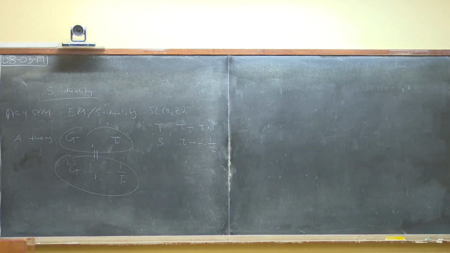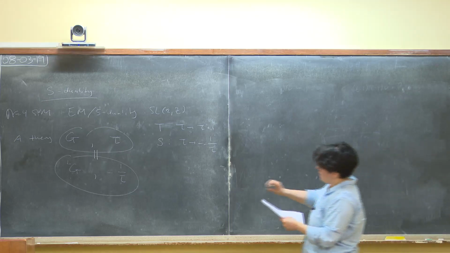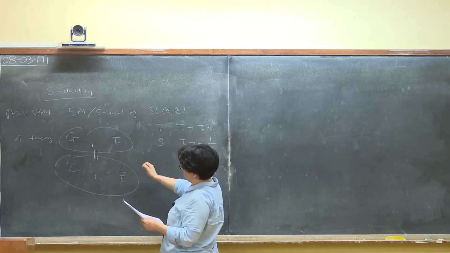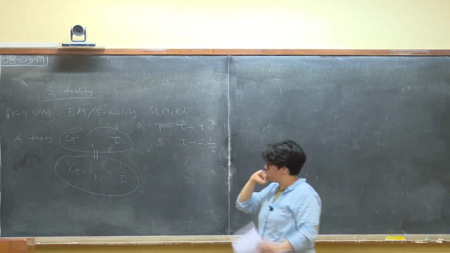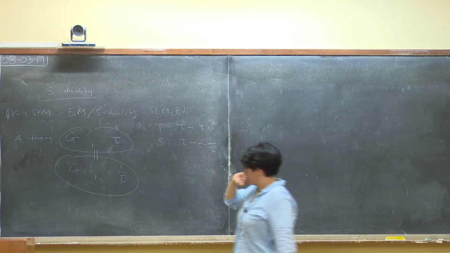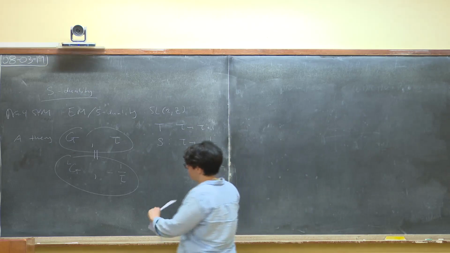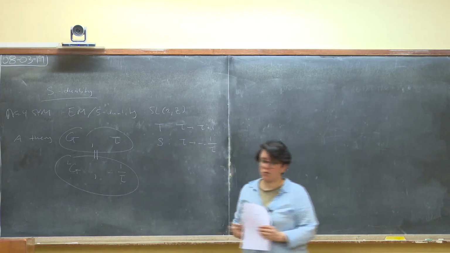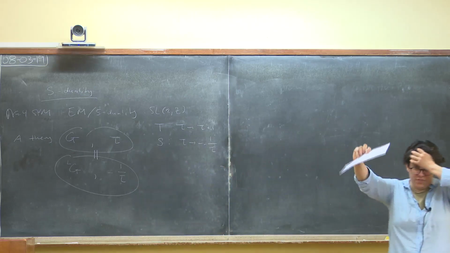And Sen wrote this amazing paper. Anyway, everybody believes this. And the point is that Vafa came later, in I think 97, and he said how to understand this from 6 dimensions.